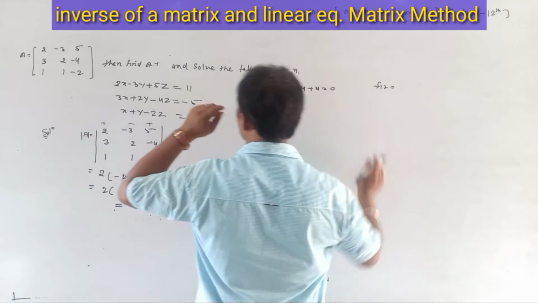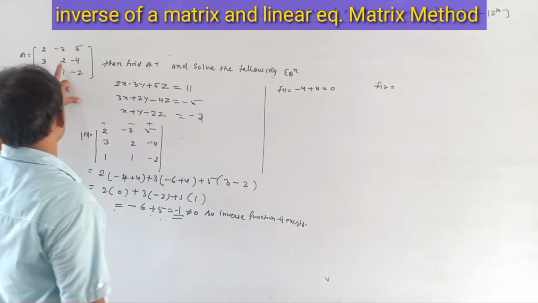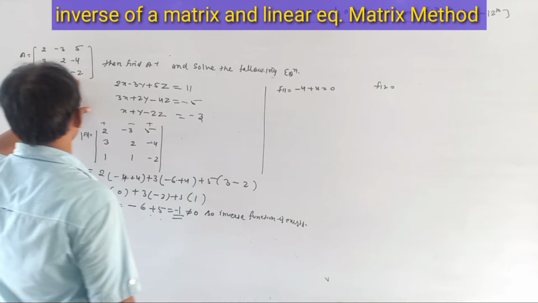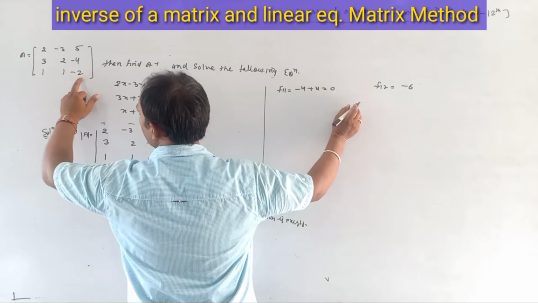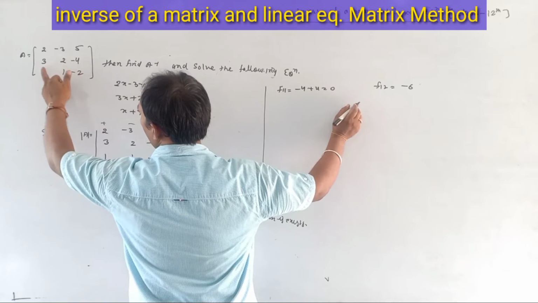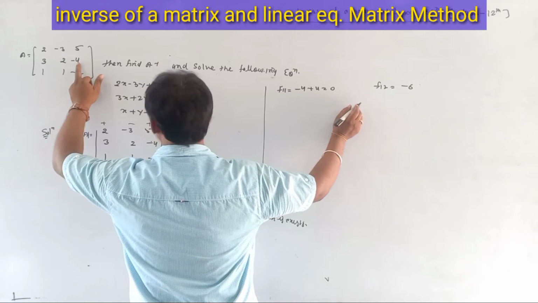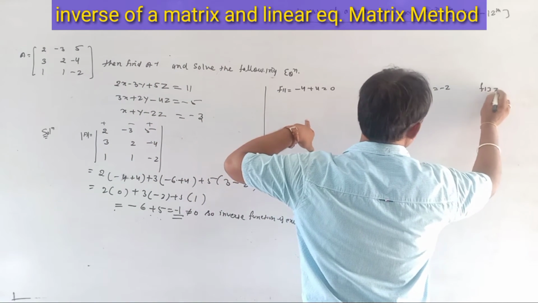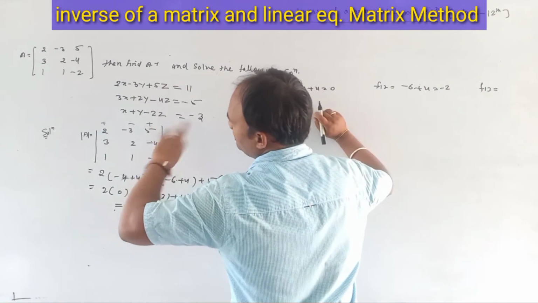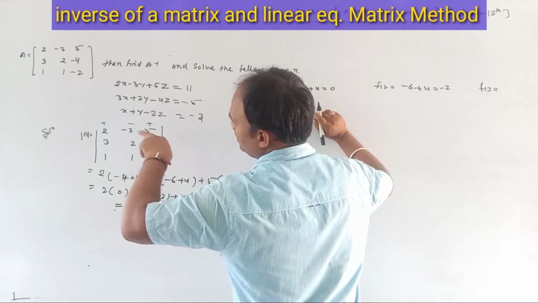F12 means minus 6 plus 4, so it is minus 2. F13 means 3 minus 2.